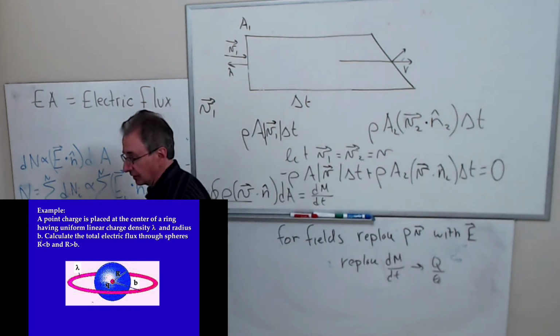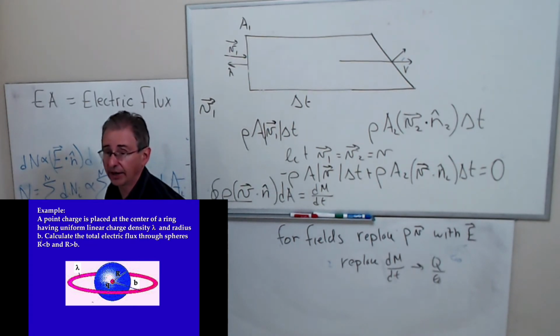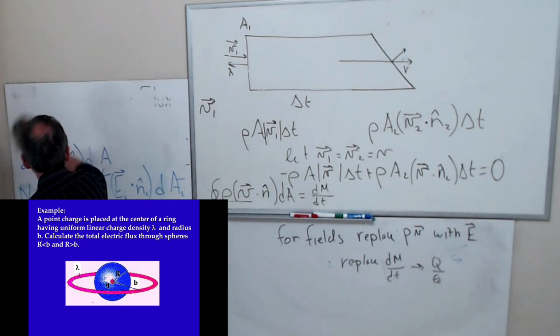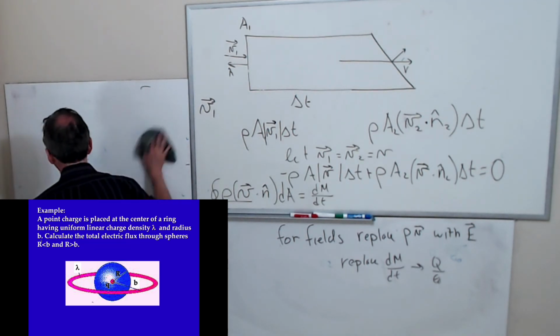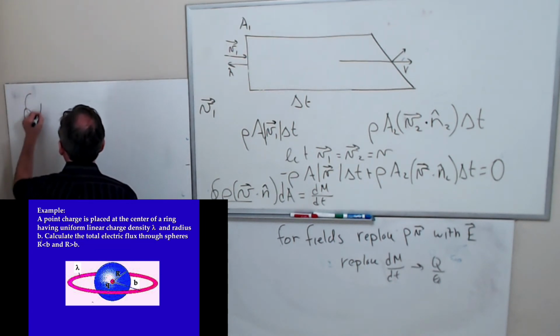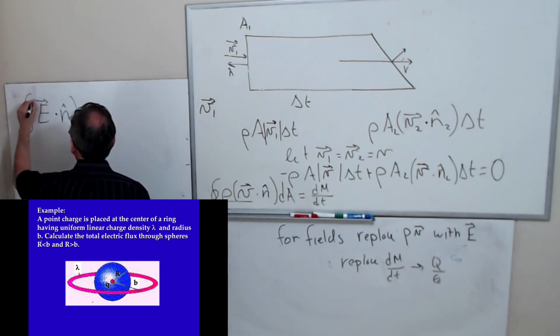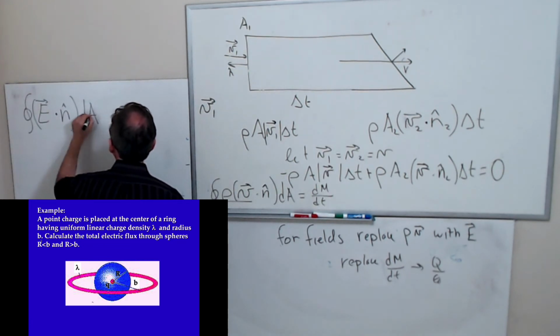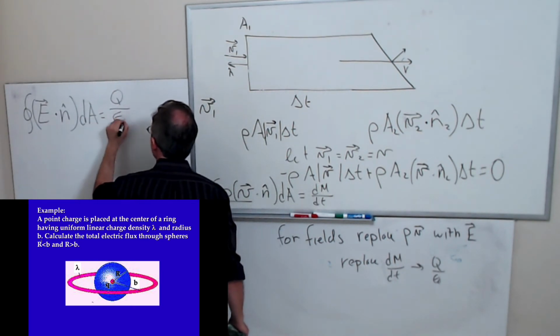We've established, not in general, I haven't been rigorous in what I've been saying because I can't, but we've established the fact that if you calculate the net flux through a surface, it's equal to the charge enclosed over epsilon naught.